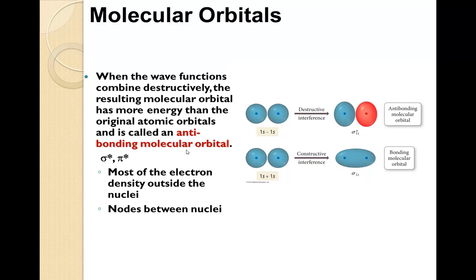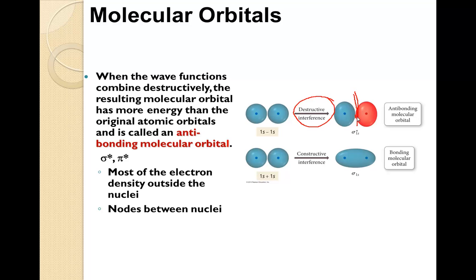With anti-bonding, the wave functions combine destructively, so here we have destructive interference. The resulting molecular orbital has more energy than the original atomic orbitals and is called the anti-bonding molecular orbital. Notice that there is a node between them.